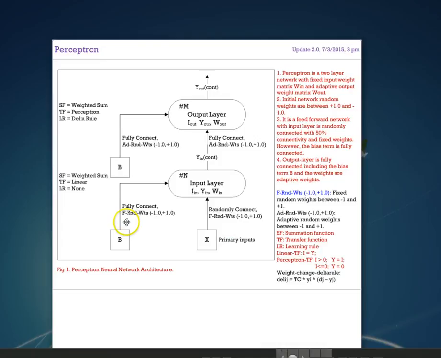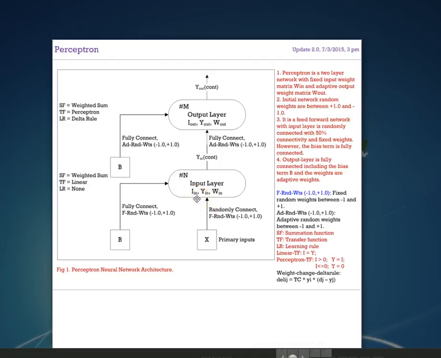The reason we call it fixed is that the primary inputs are connected to the input layer at random with 50% connectivity. So if you have 6 elements, on average about 3 elements are connected to each element in the input layer.